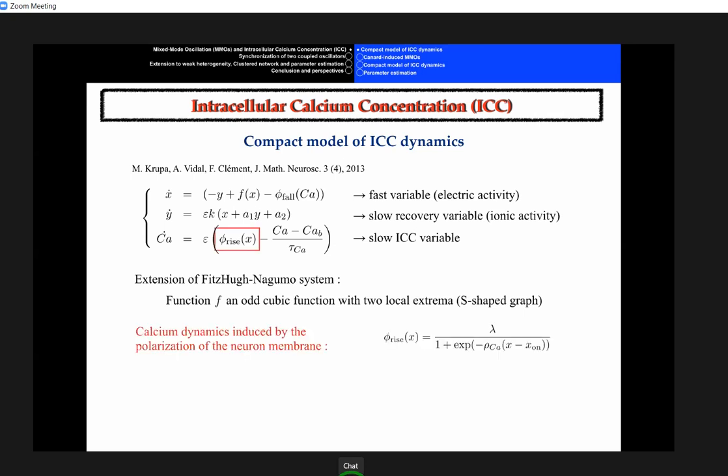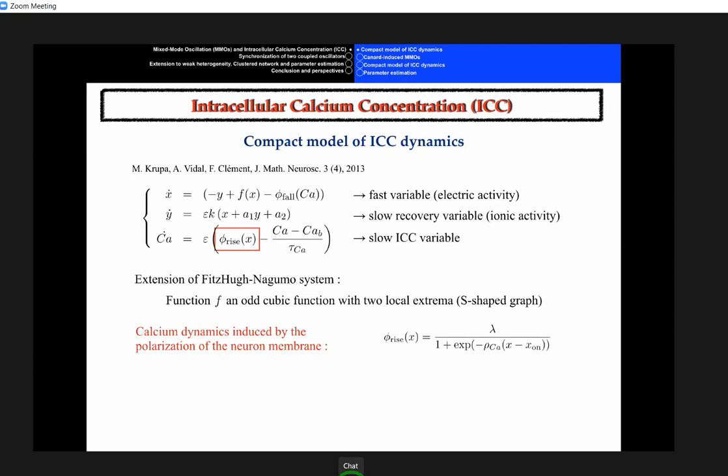And as you see, the function of x is the calcium release dynamics induced by the polarization of the neuron membrane, and it is taken as a sigmoid function.